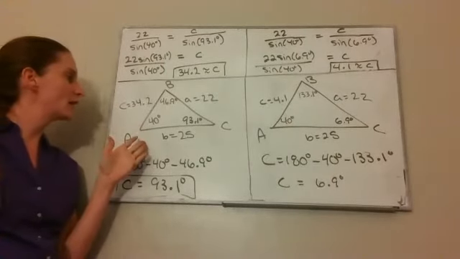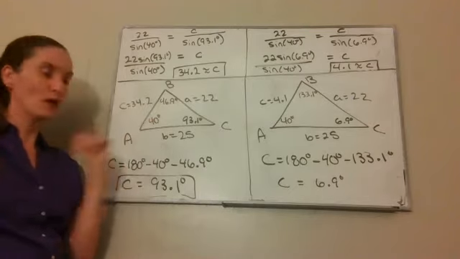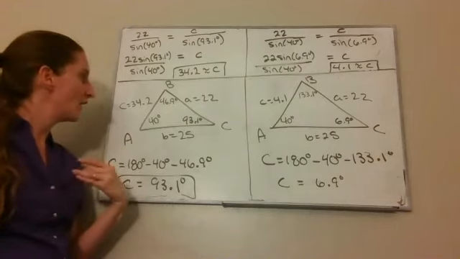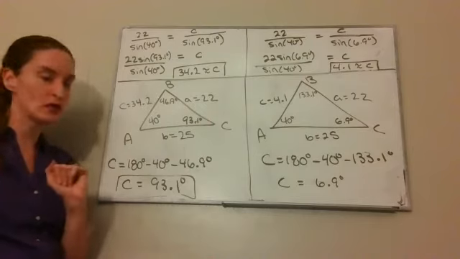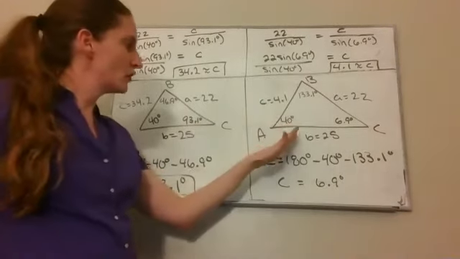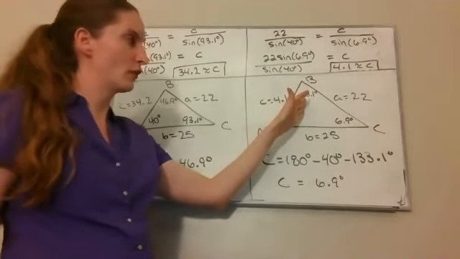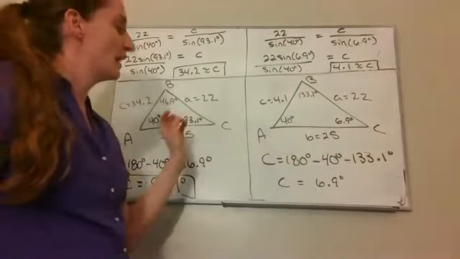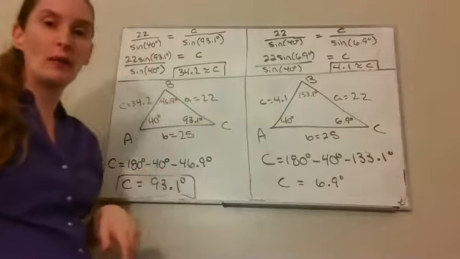My first triangle has angles A, B, and C, 40 degrees, 46.9 degrees, 93.1 degrees, and sides A, B, C, 22, 25, 34.2. Triangle 2 has angles A, B, C, 40 degrees, 133.1 degrees, and 6.9 degrees, and sides A, B, C, 22, 25, 4.1.